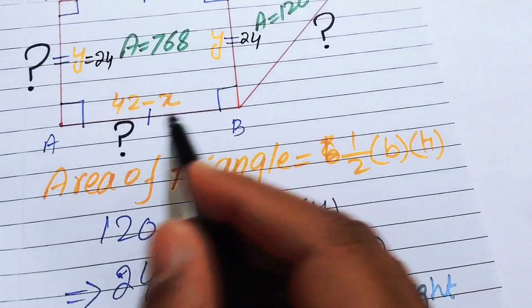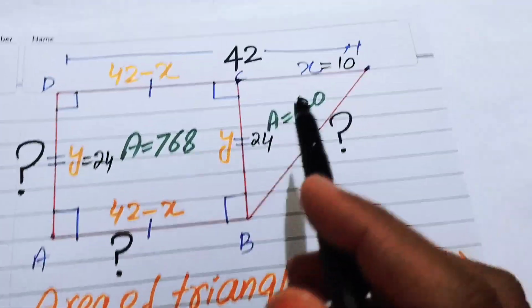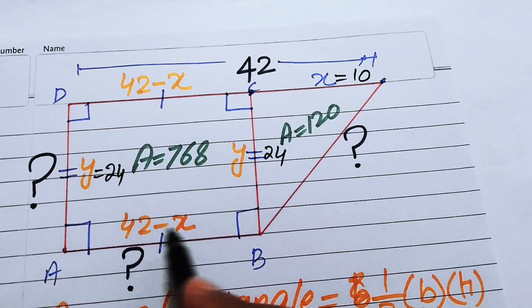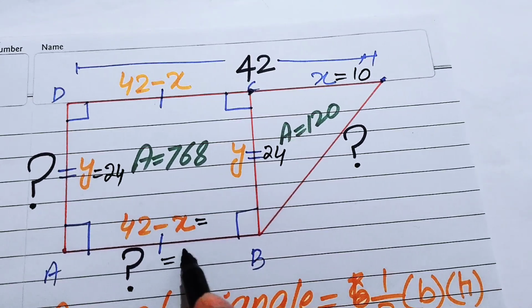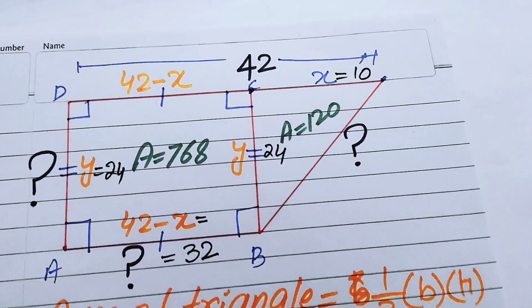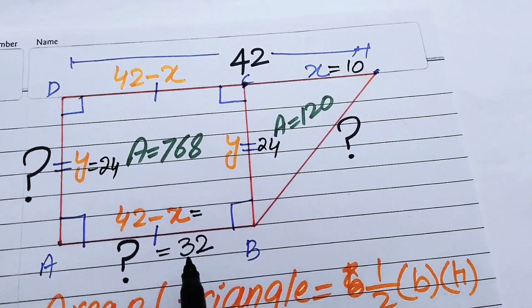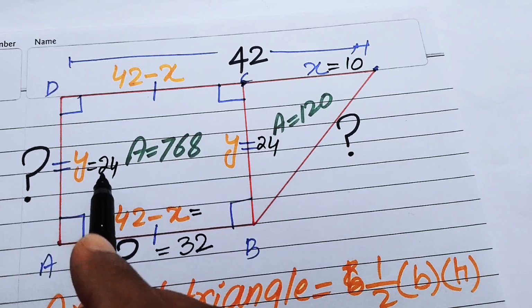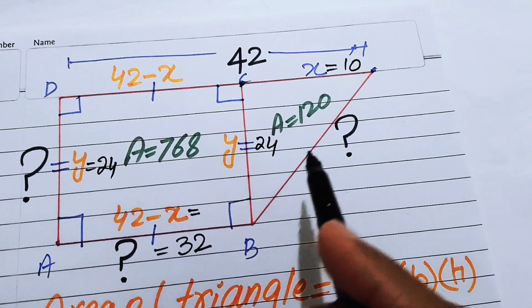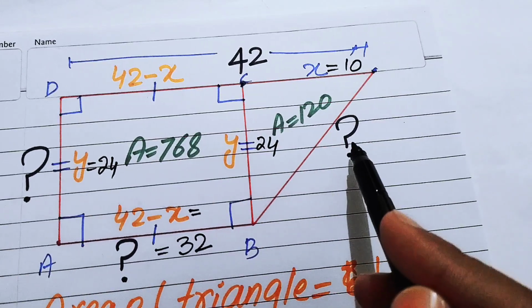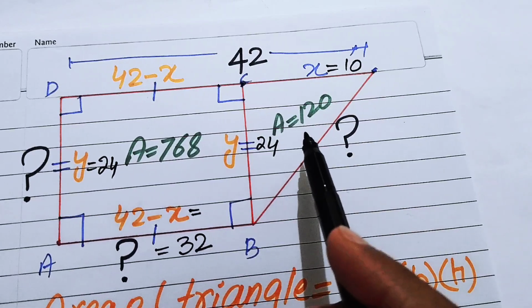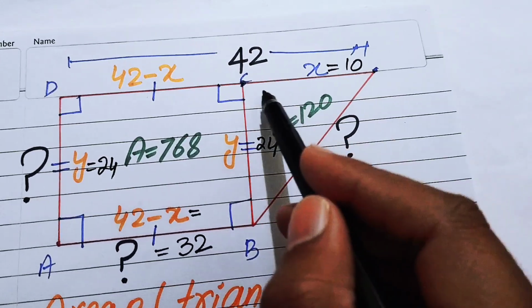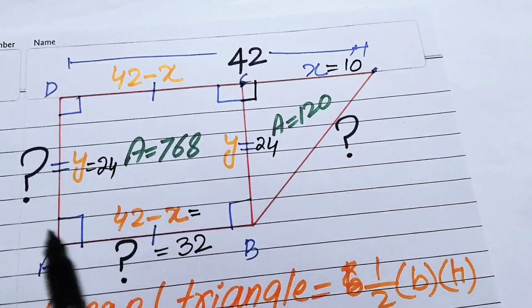Now, if x equals 10, then when we substitute it here, we get the side length of this as 32. So this side length is 32 and this side length is 24. Here we still have the third side length to find. We use the Pythagoras theorem, because this is a right triangle and this angle is the right angle.